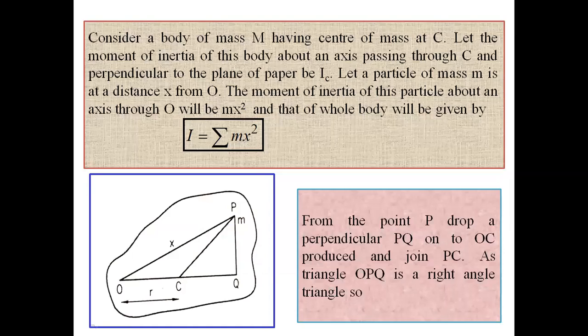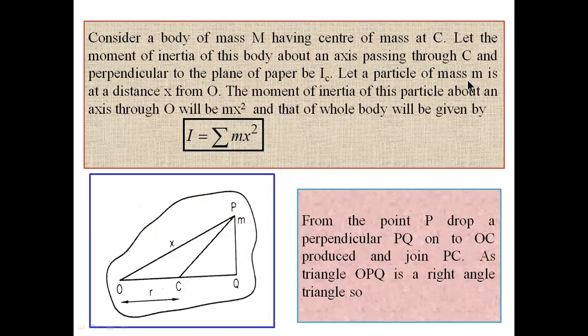Now we are considering a body of mass m having center of mass at C. Let the moment of inertia of this body about an axis passing through C and perpendicular to the plane of paper be IC.